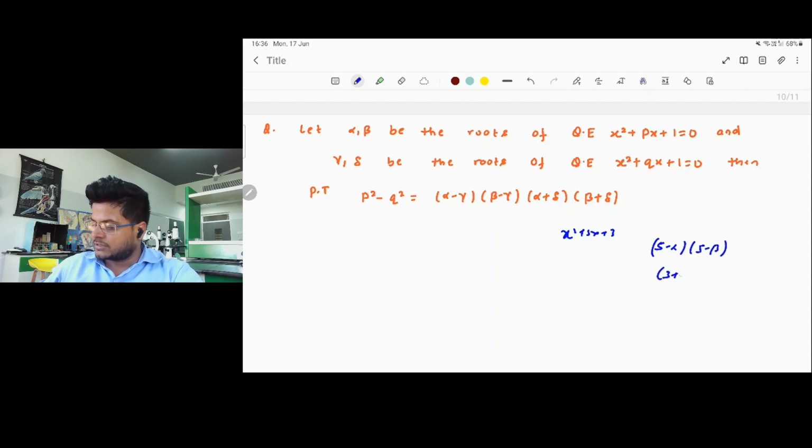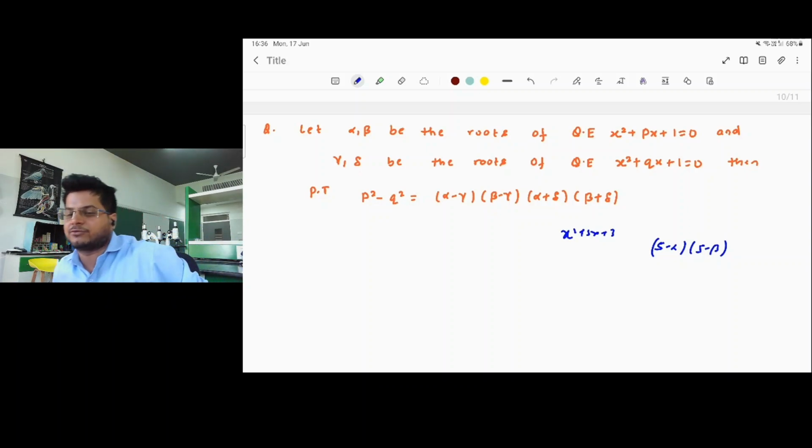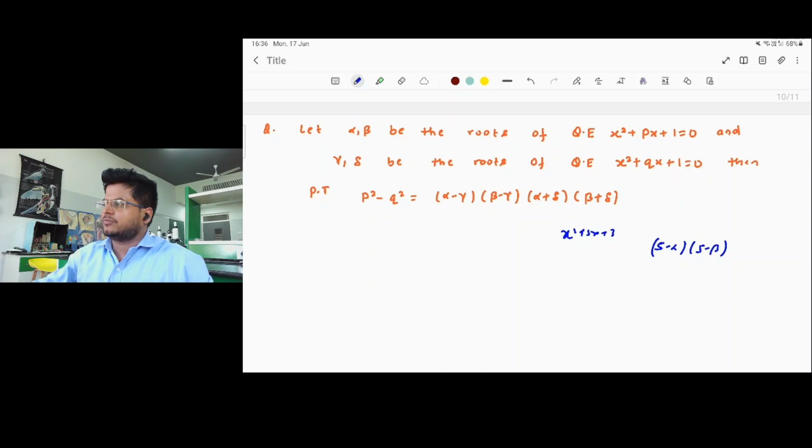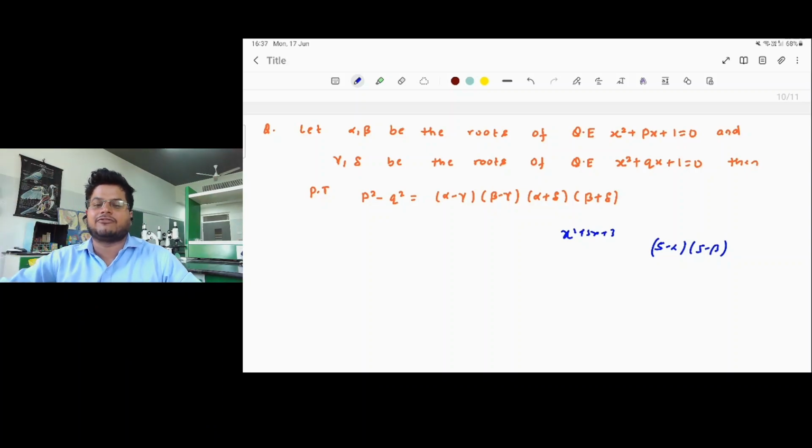And then we calculated, isn't it, using the fact that ax square plus bx plus c can be identically written as a times x minus alpha into x minus beta, right?